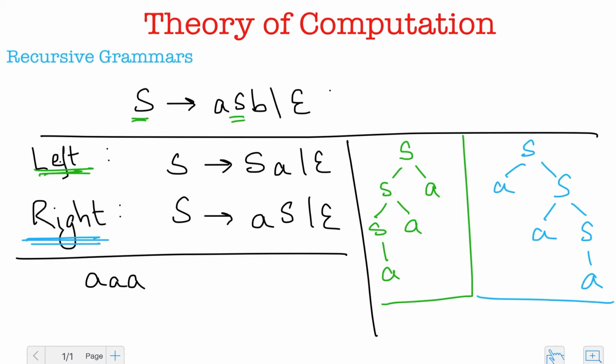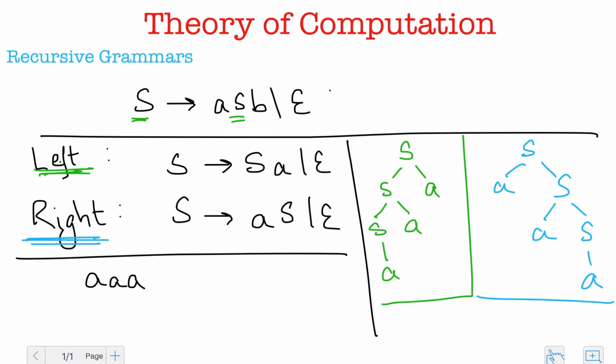So for each of them, there's no option that I have. This is the only parse tree that I'm going to get, which means that each of these is actually an unambiguous grammar, which conforms to what I said earlier: if a grammar is only left recursive or only right recursive, then it's definitely unambiguous.